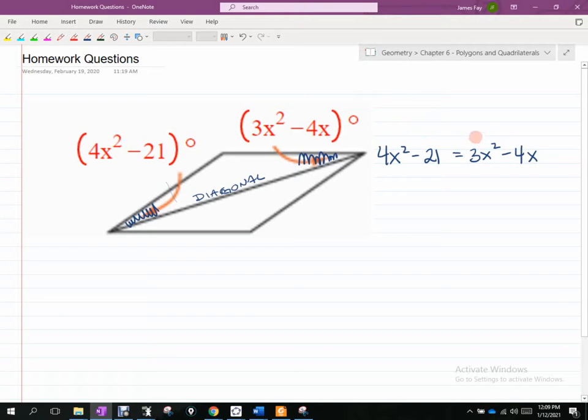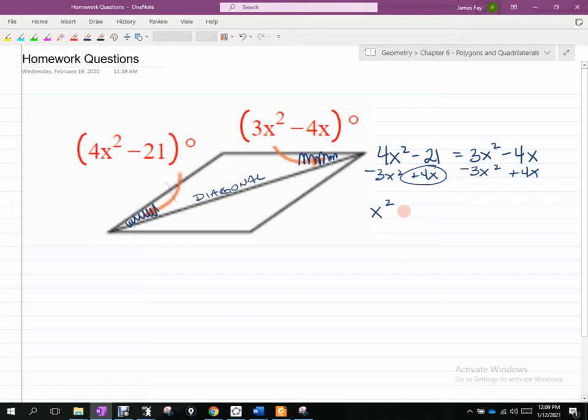Okay, so we want to get everything equal to 0. So I'm going to take this 3x squared and subtract it from both sides. And I want to add 4x to both sides. Now obviously 4x squared minus 3x squared is x squared. Now I don't have a like term on the left-hand side to add that 4x to, so I add it to 0x's.